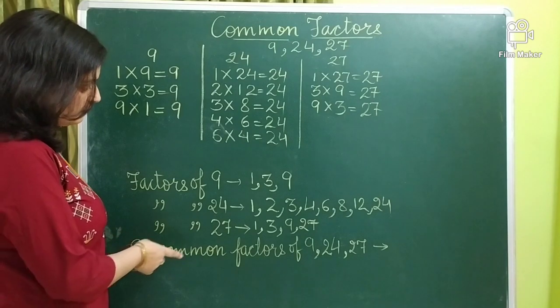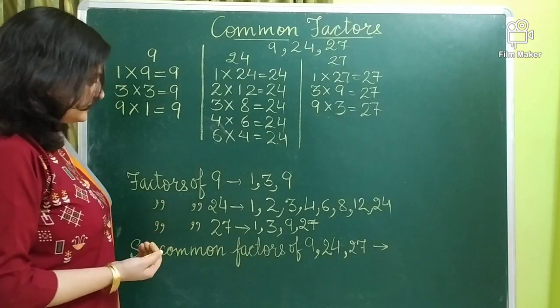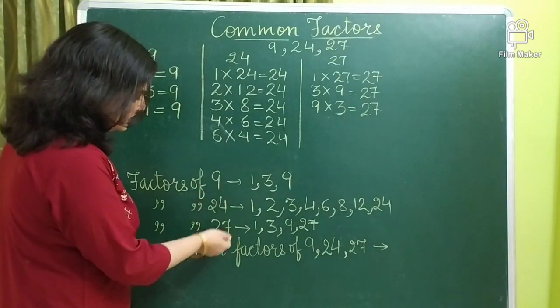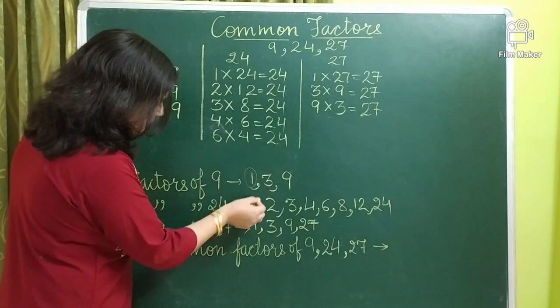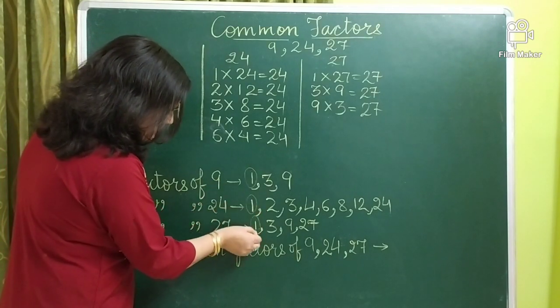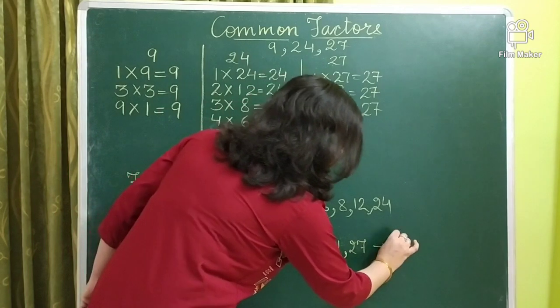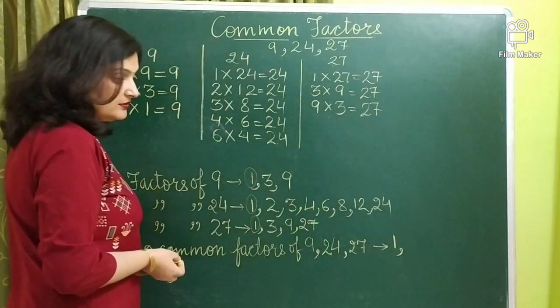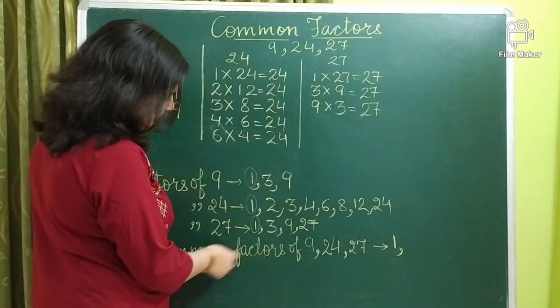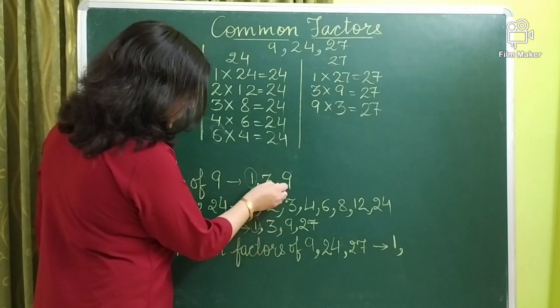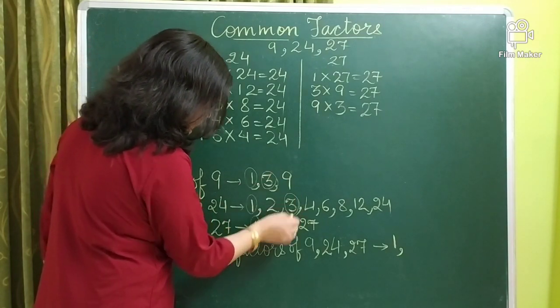Now what do we have to do? We have to choose the common factors. So which number is present in all the three numbers? First is 1. 1 is present in all the three numbers, so the first common factor is 1. And the next one is 3. 3 is present in all the three numbers.